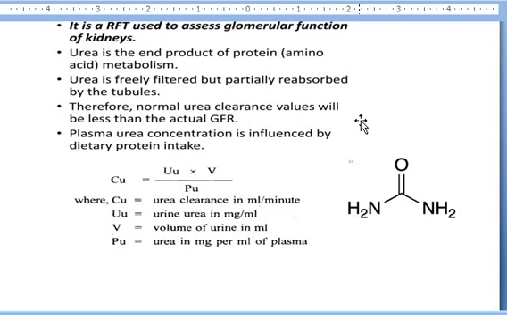The formula used to find out the urea clearance, Cu, that is urea clearance, is equal to UU, urine urea in milligrams per ml, and volume of the urine, then divided by Pu, urea in milligrams per ml of plasma. By placing the values in this formula, we will find out the urea clearance of the person.